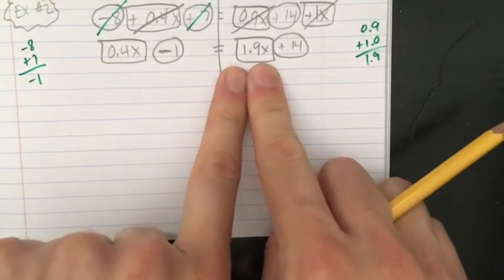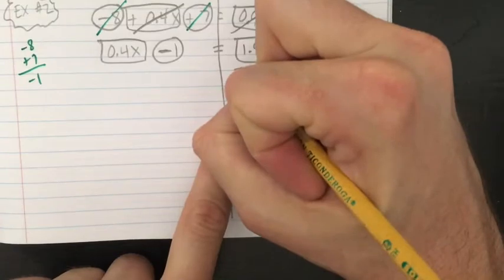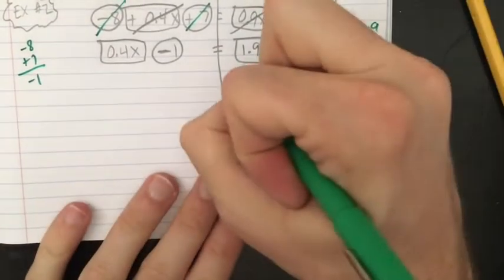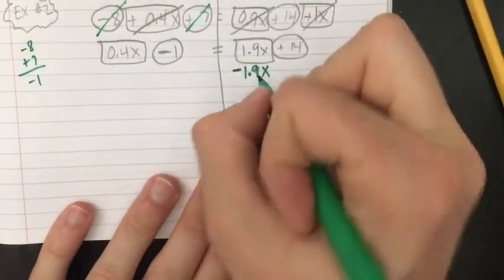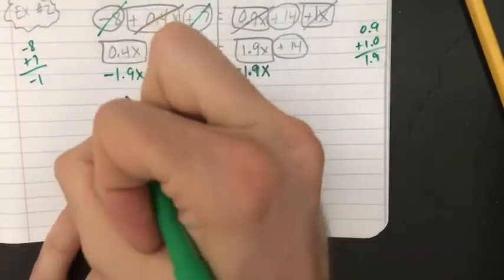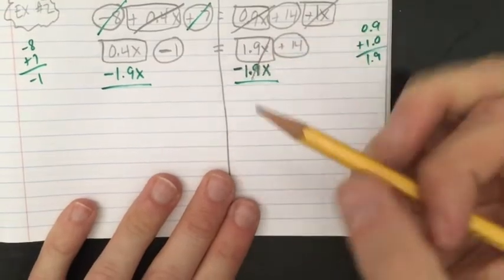We want to move this 1.9x, it's positive, so I'm going to take it away. Right, and actually I keep forgetting to do this in green, I apologize. So take away 1.9x, take away 1.9x. This would cancel out, right?